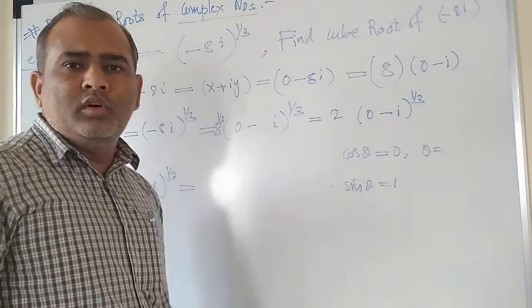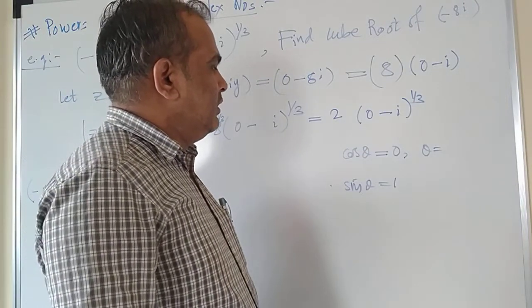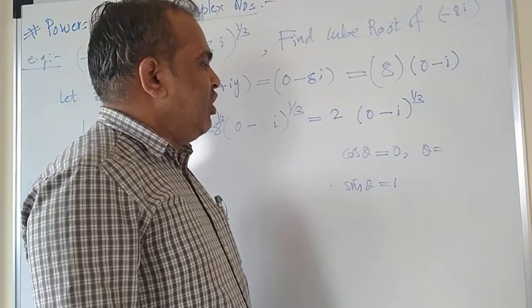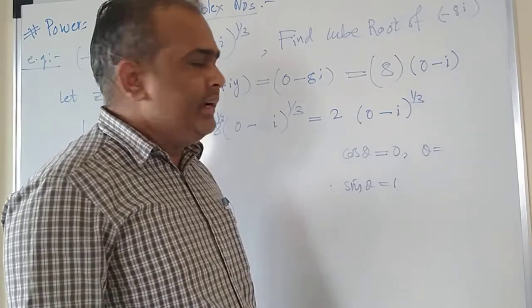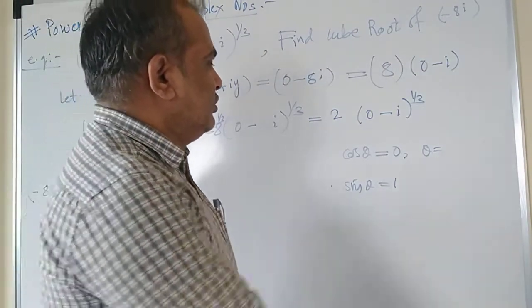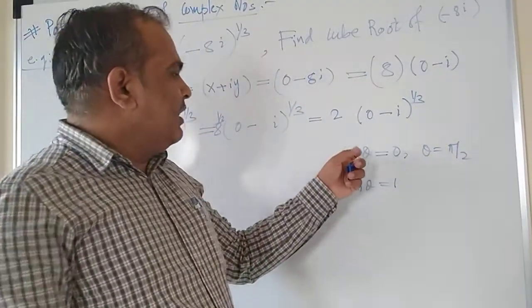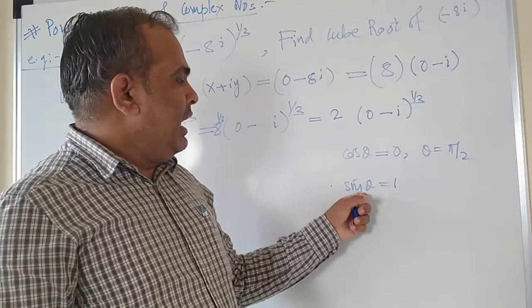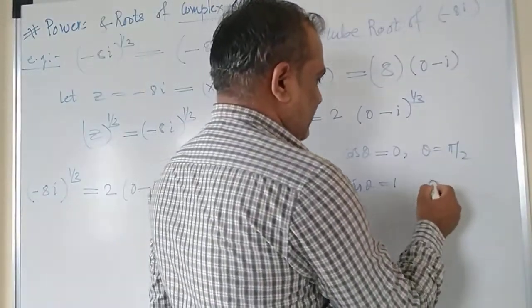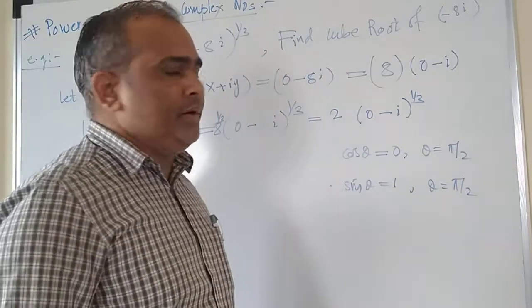So for what value of theta are you getting this? Cos 0 is equal to 1 and cos 90 is equal to 0. So for theta equal to pi by 2, cos pi by 2 is 0 and sin pi by 2 is 1. So we got the value of theta equal to pi by 2.